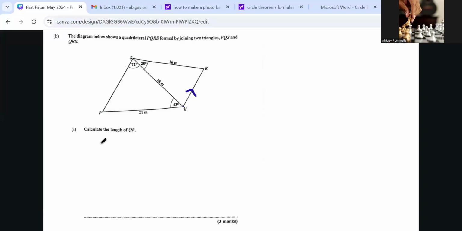QR squared, so it's going to be a squared equals b squared plus c squared minus 2bc cos theta.